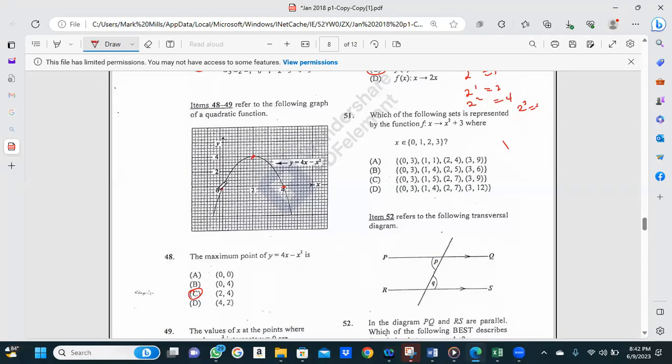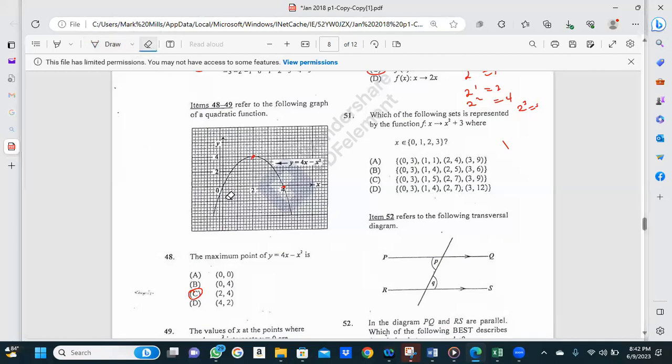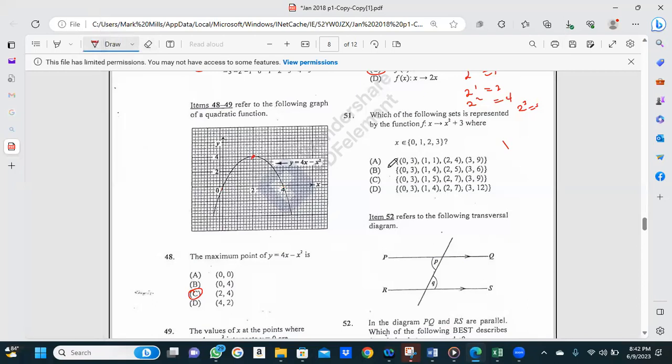Right, 0 and what? Look at it carefully where it passes through. You see that? It passes through exactly 0 and what? And it passes through at 4. Oh, the 4. So I think I wrote 2. It should have been this and that. So it'd be 0 and 4.